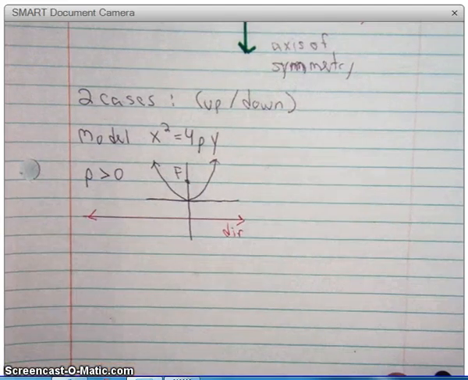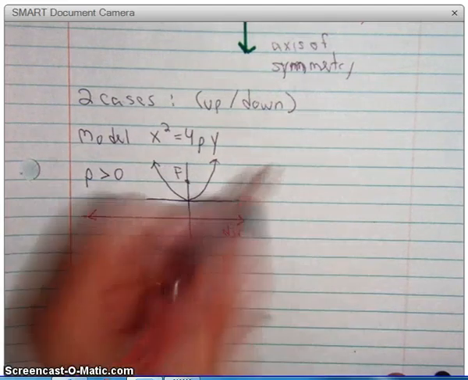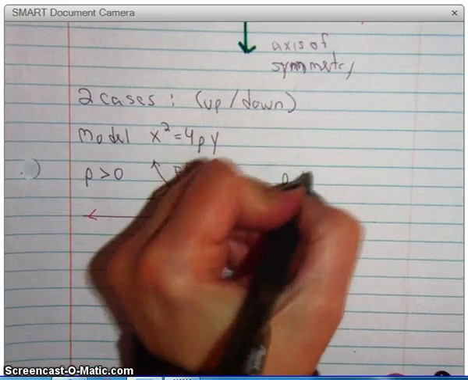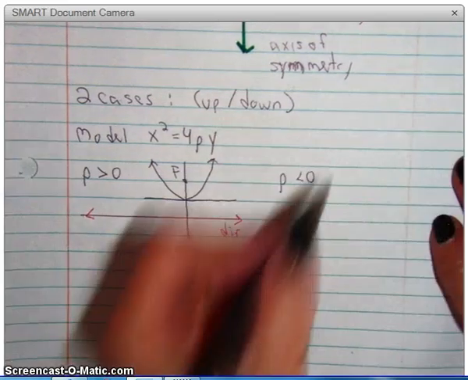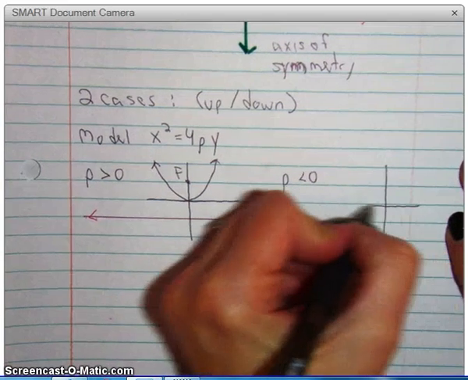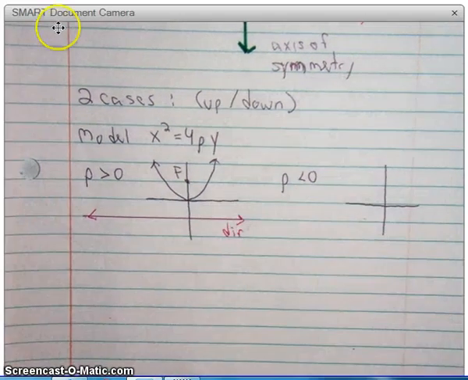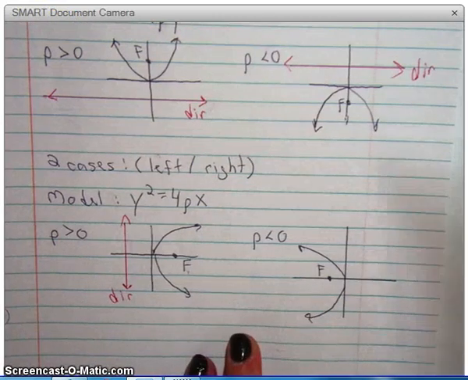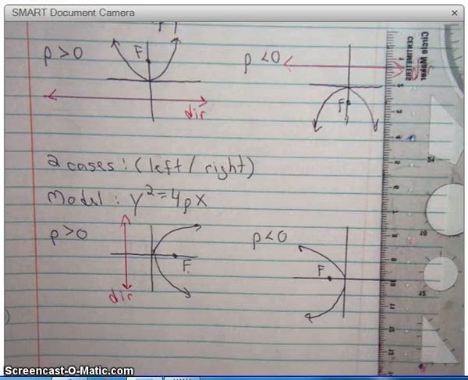And you can label it DIR for directrix. If the p-value is less than 0, how do you guys think the parabola will open? Down. And it will have a directrix too.